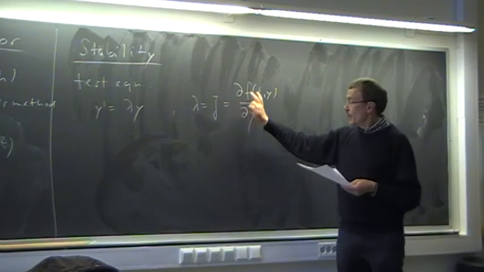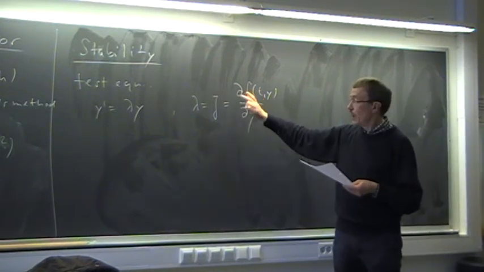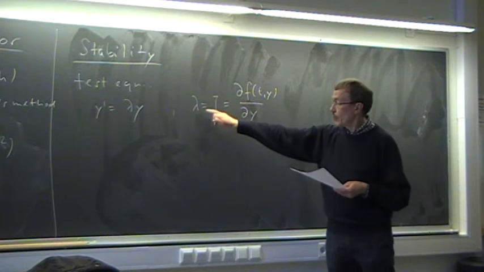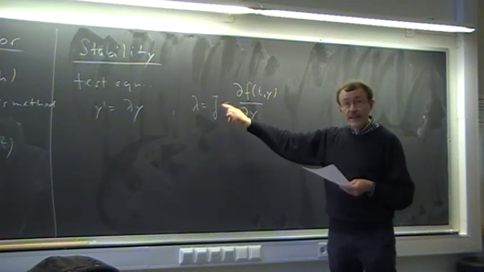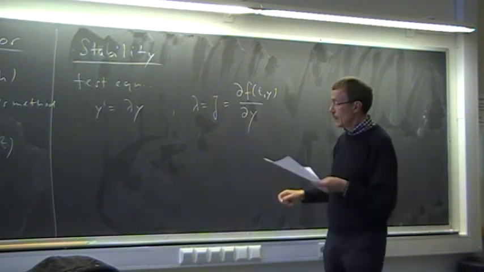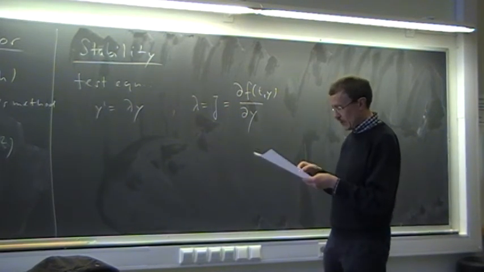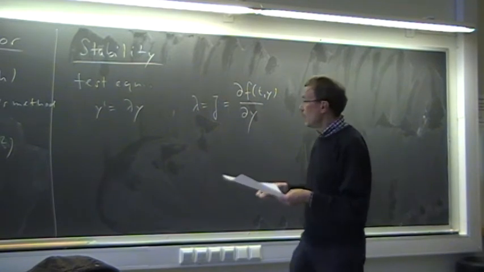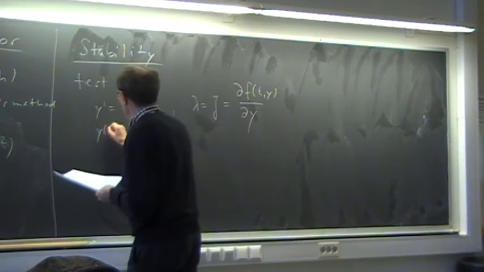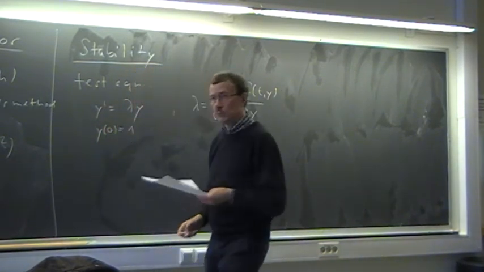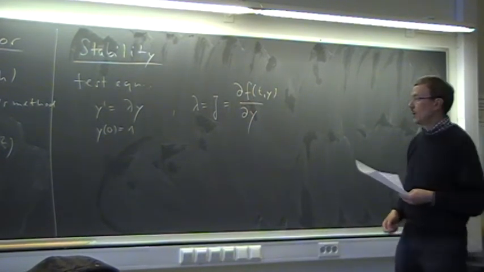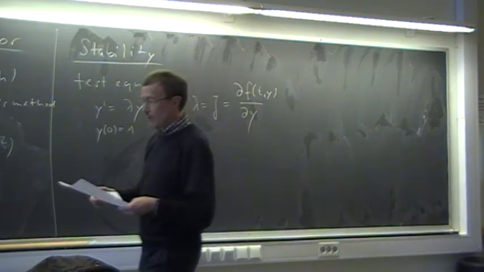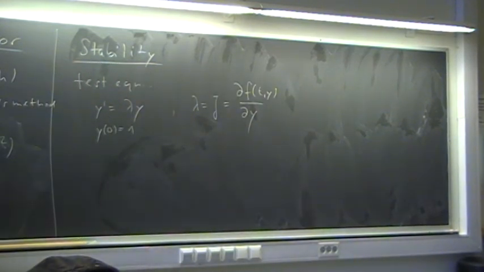If we have a system, then lambda would be the eigenvalues of J. What I write here is essentially for the scalar problem. We have the initial condition, simply 1, so we imagine we have in the beginning a perturbation of 1, and then we see how that is amplified.